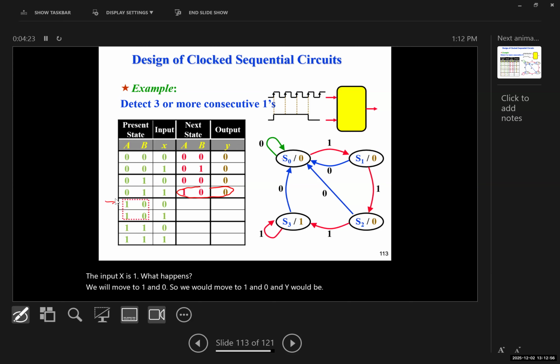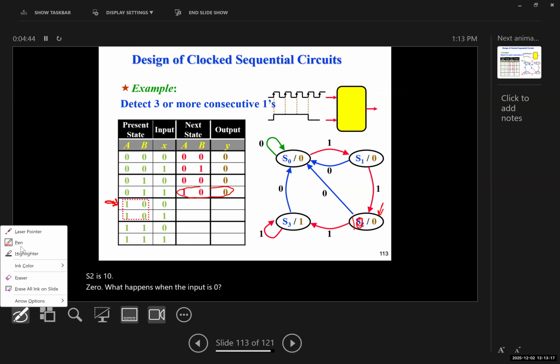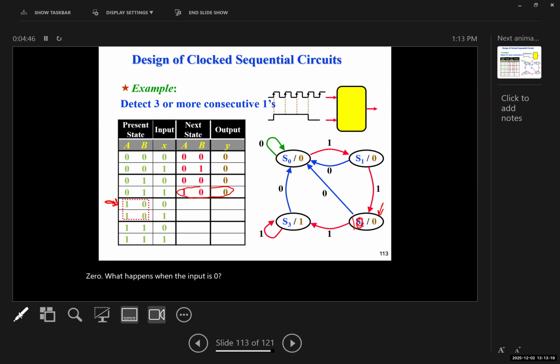Now, at this point, we are here in the state diagram. S2 is 1, 0. The input is 0. What happens when the input is 0? We do it with a different pen color.